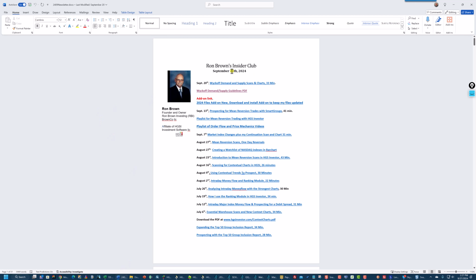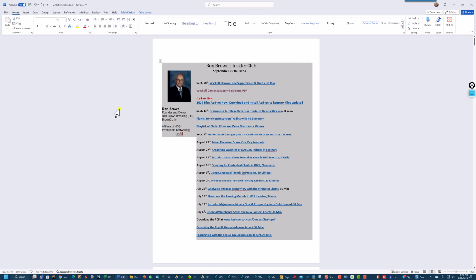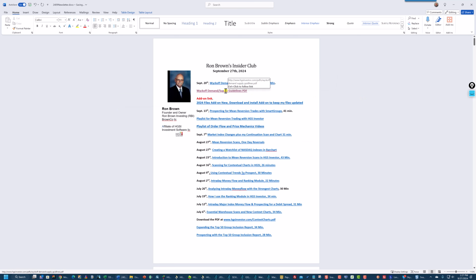I haven't changed the date on this yet. I'll do that right now so I don't forget. But I want you to download the demand supply guidelines again when you get the link, because I've altered the instructions, or the labeling, showing you what these bars mean.